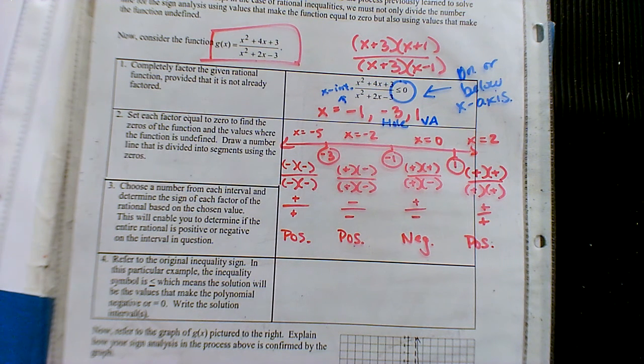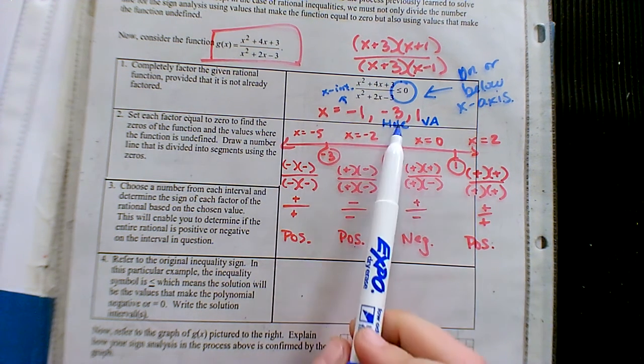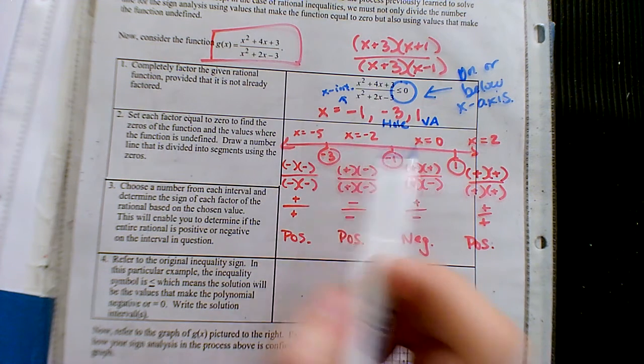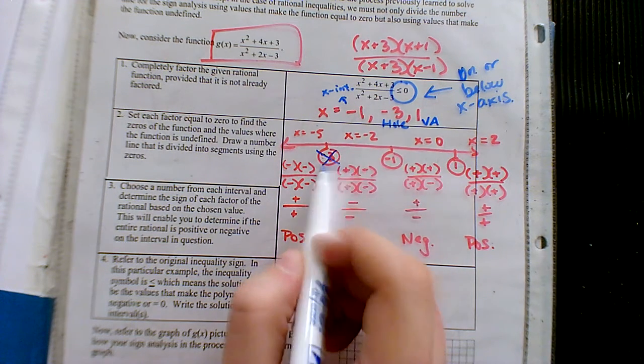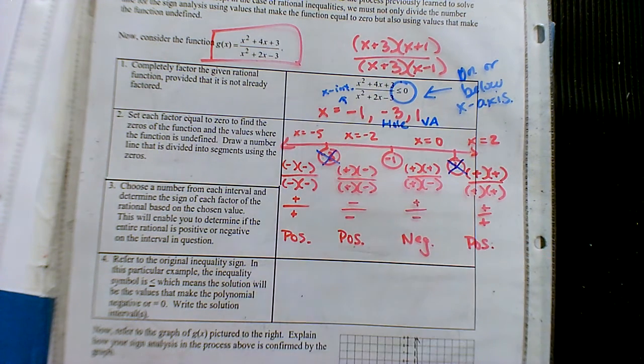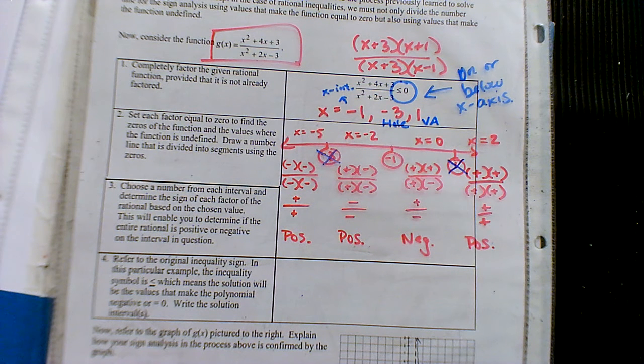If we know that there's no physical point at a hole or a vertical asymptote, I want you to put a little X over those locations. That's telling us when we write our intervals, there's no way those can be a bracket, because there's no physical point there. The only possible bracket location we have could be at -1.